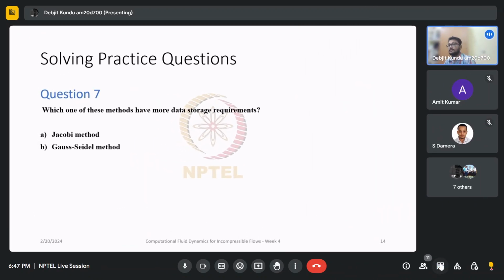The Jacobi method seems to be the culprit here. Which of these methods has more data storage requirements?